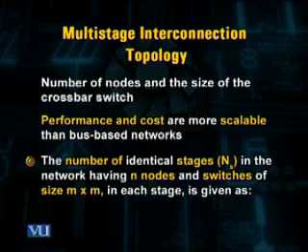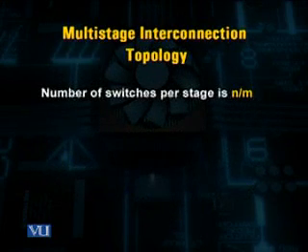The number of identical stages, denoted as NS, in a network having n nodes and switches of size m by m in each stage, can be calculated as log of n to the base m, which means the log of the total number of nodes to the base of the size of the crossbar switch. And the number of switches per stage is equal to the ratio n by m.